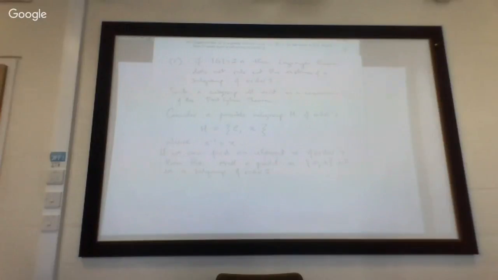So here's G. And what do we know about it? It's got 2n elements, so it's got a load of elements in it. There's an even number of dots there.